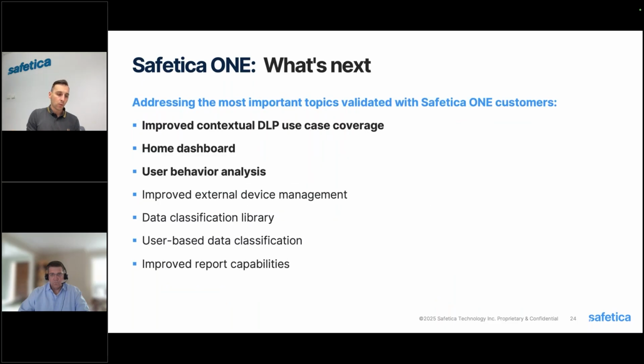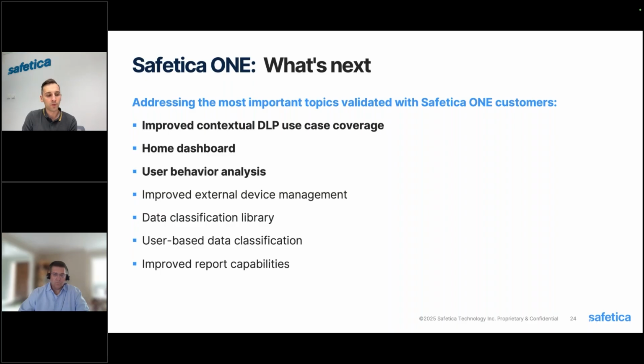And for Safetica ONE customers, there has also been a little pushback regarding incompatible feature sets. So we've definitely talked a lot with our Safetica ONE customers, and we've tried to identify all the blockers and all the important topics that are either making them hesitant or making them very immune to the upgrade.